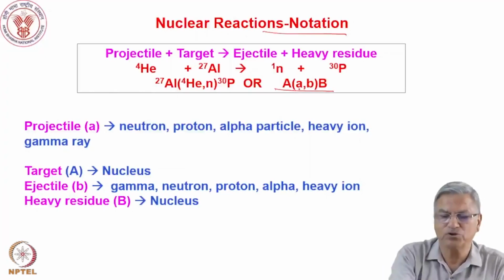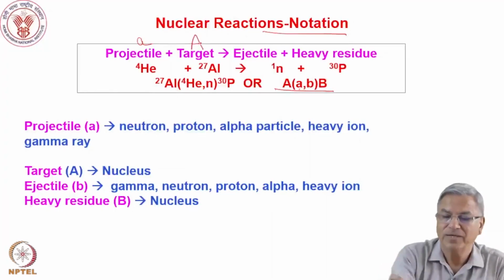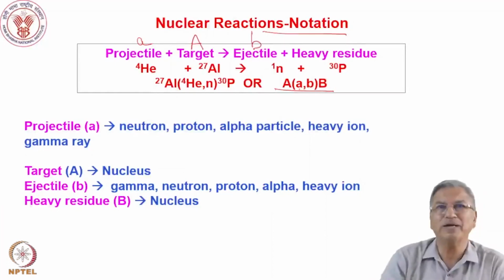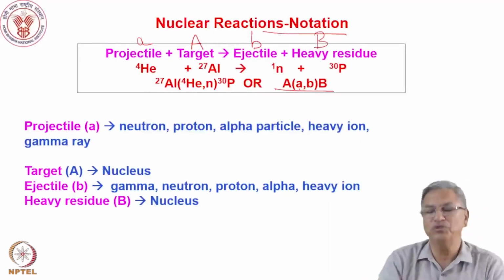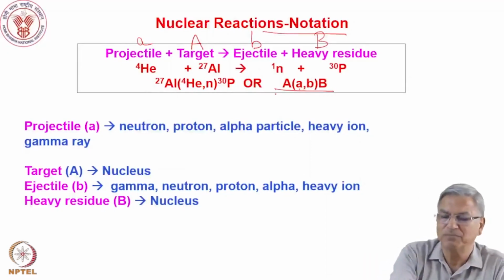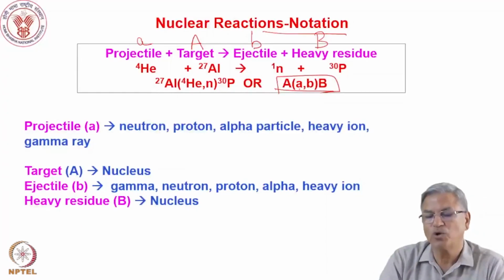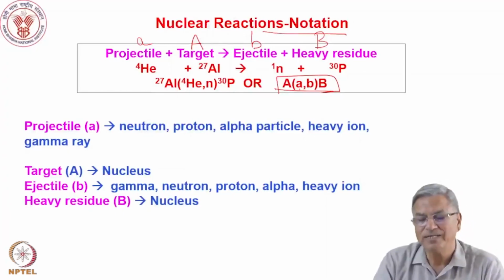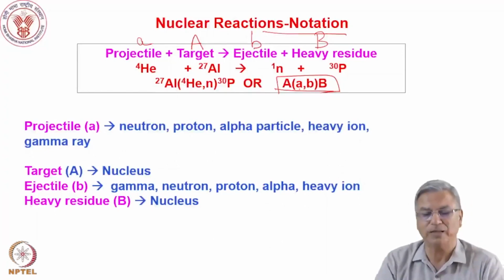Small a is the projectile, capital A is the target, the ejectile means the smaller particle product, and the heavy residue is the heavier of the two products that are formed. So this whole thing can be written as A(a,b)B. That means capital A and capital B are the heavier nuclei, and small a and small b are the smaller nuclei, projectile or ejectile.